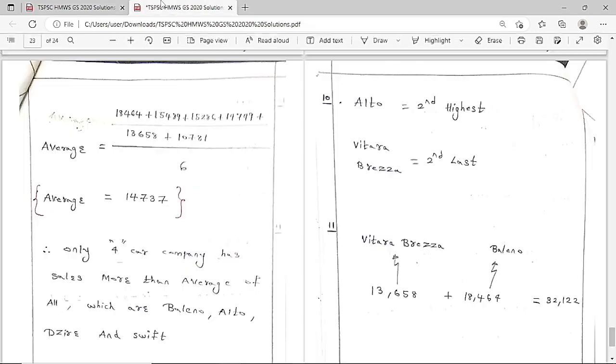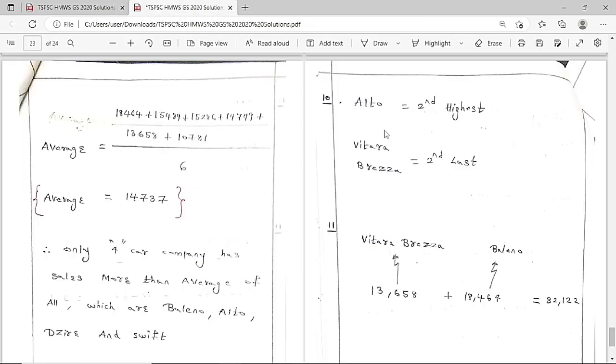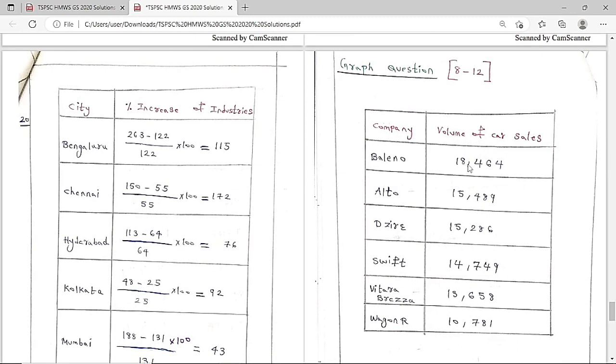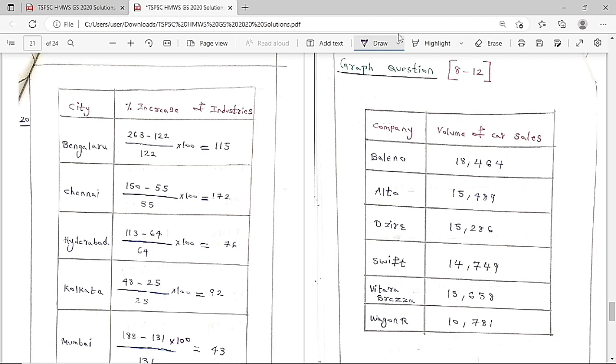So let's solve this numerically. You can see clearly from this picture only. This one has the highest value when compared to all the remaining ones, so we can say this is the first highest. Let me write here so that you can easily understand. This is the first highest, and this is the second highest. And this is the third highest, this is the fourth highest, this is the fifth highest, and this is the sixth highest.